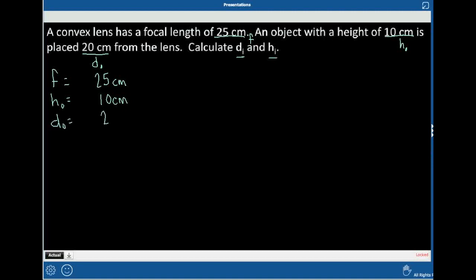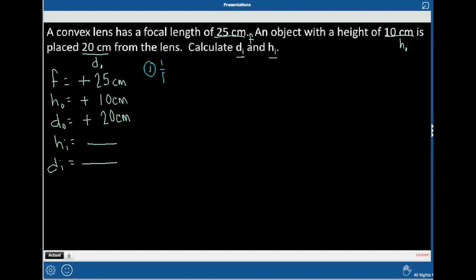And again, I'm leaving that space for the plus or minus so I can add that part. Okay, so for a convex lens, our focal length is positive, so I'm going to put positive here. It doesn't say our object is upside down, so our height is positive, and it's in front of the lens, so our object distance is going to be positive. Okay, and then we can go ahead and do some math.